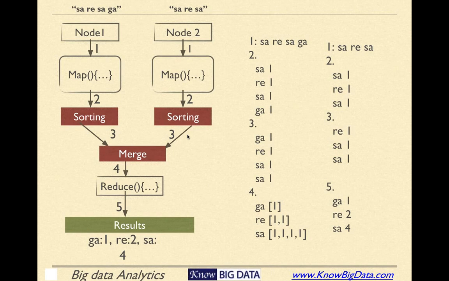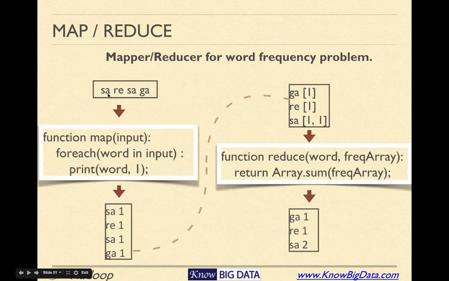All right. Now in the previous screen, we had only one node and we tried to compute the word count. Here we have this line, Sa Re Sa Ga. Imagine that there is a big file containing many such lines. Each line is going to be broken down into key value pairs, and the resulting data will be like this.